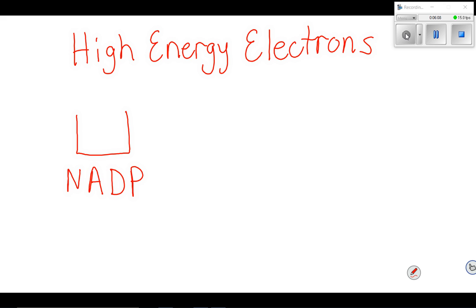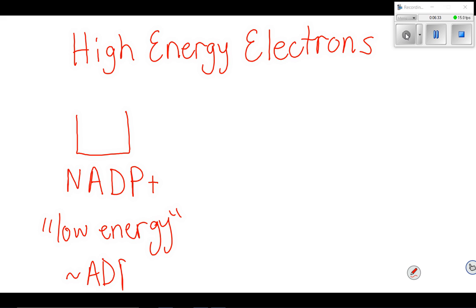That stands for something, but we don't care what it stands for. We're always just going to call it NADP+. And I like to draw it just like an empty box. So right now, this box is empty. It doesn't have any electrons in it. So this is kind of like the low energy state. We could even make an analogy with ADP being the low energy one.